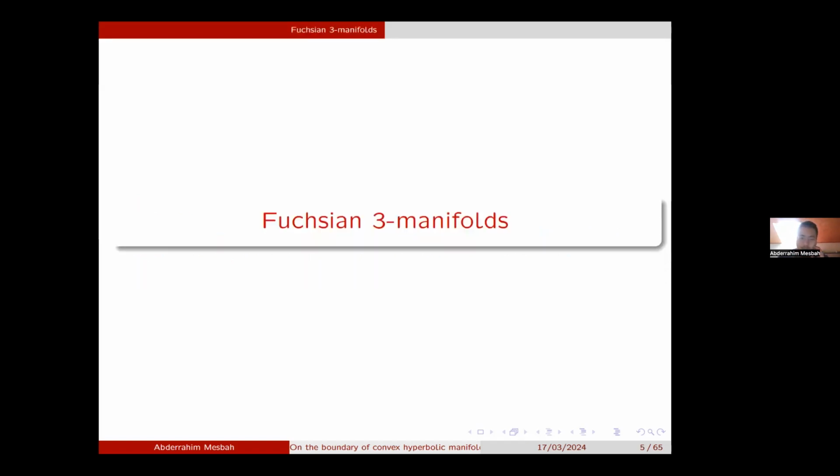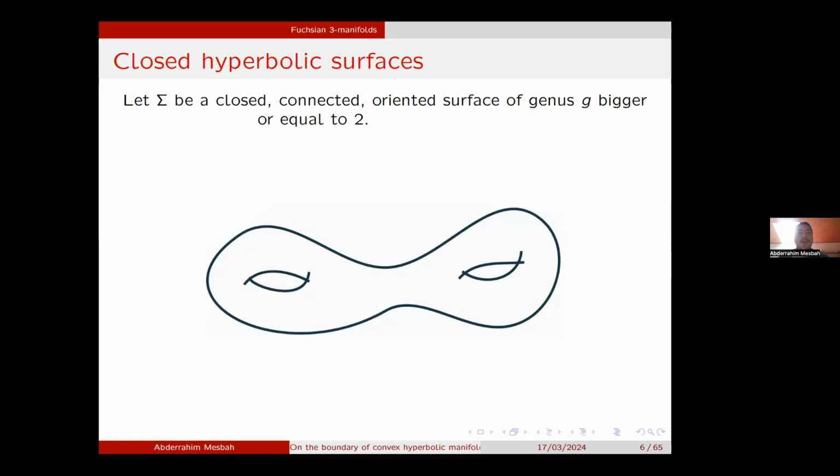So here we will give an example of such a three-dimensional manifold, one of the simplest examples of how we construct a three-dimensional hyperbolic manifold.